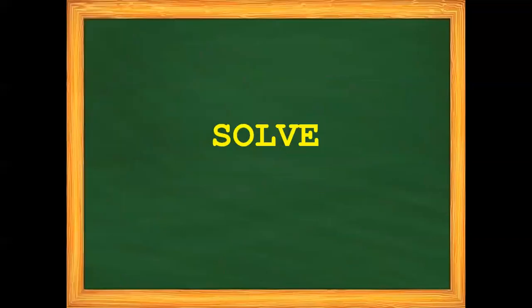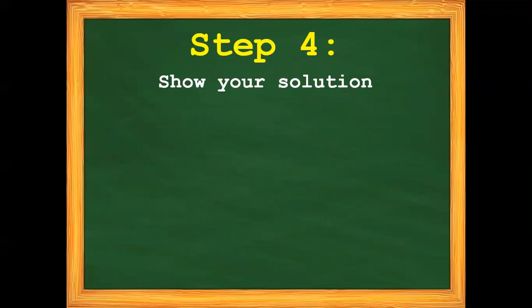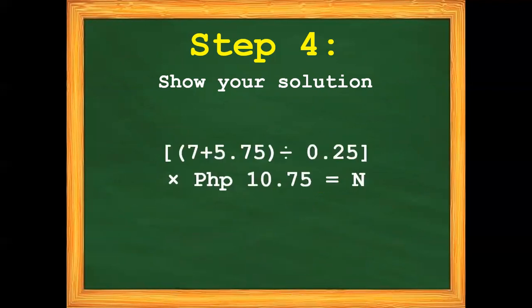So next, after we understand the problem and plan how to solve it, we are now going to move on with solving the problem. Step number 4, we have to show our solution on how we solve the given problem. So again, this is our number sentence for our first problem.